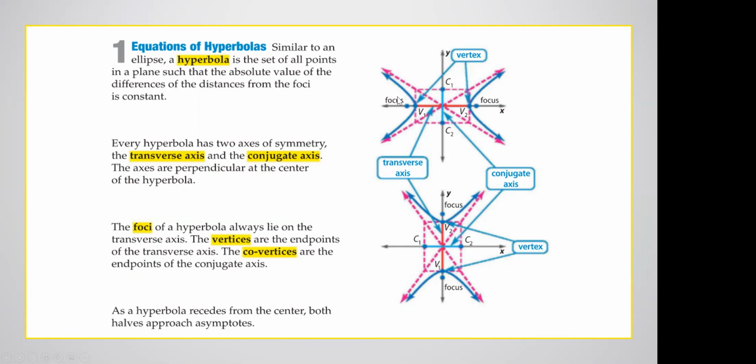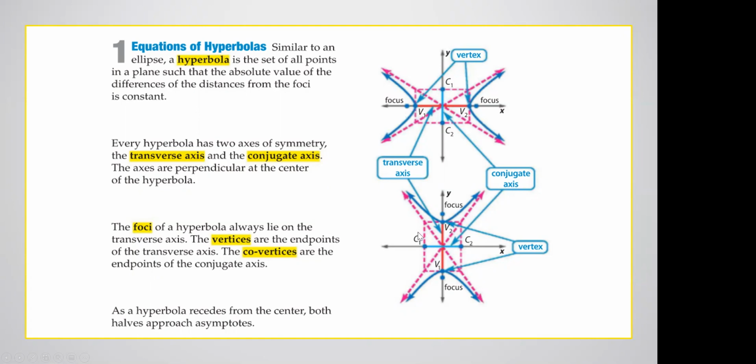And then we have the vertices, which are the endpoints here. It's kind of like the vertex of each of the parabolas. You're going to have two vertices and then two foci as well.